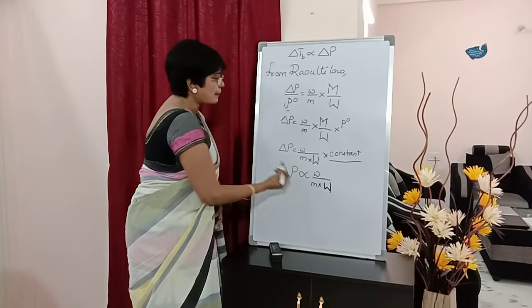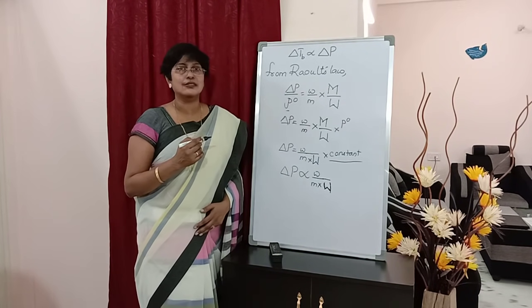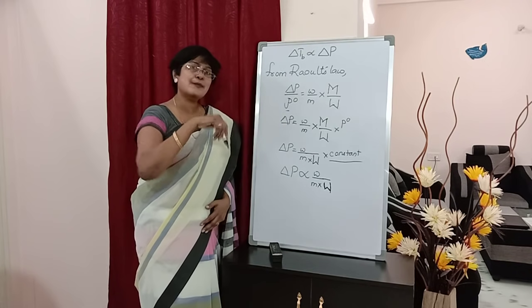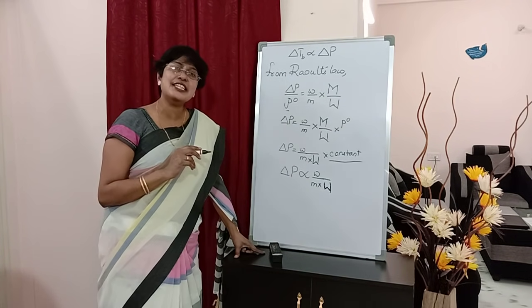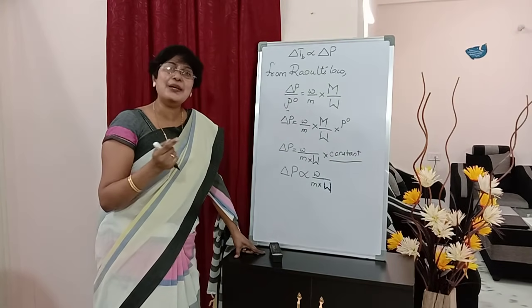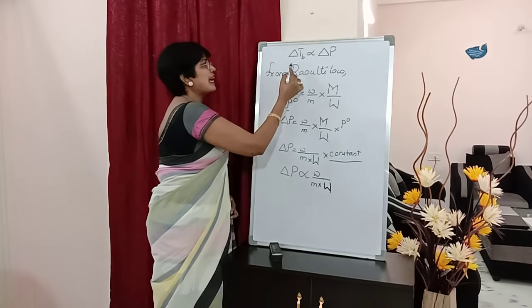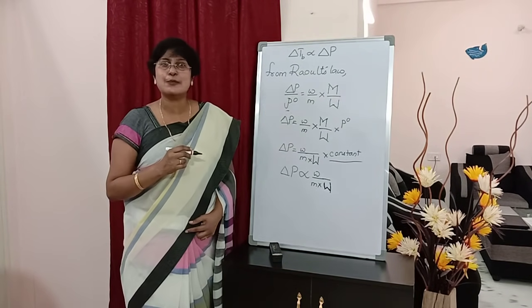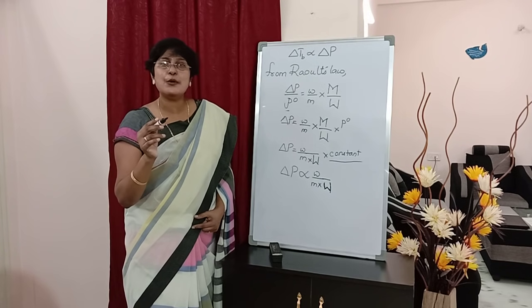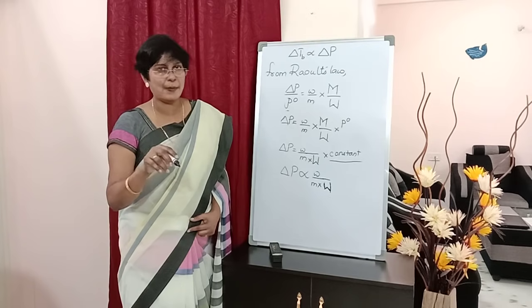So delta P proportional to small w by small m into capital W. But delta P is proportional to what? From the derivation, what did we get? Look at the first step. Delta TB proportional to delta P. So from the graph we could reach this expression, students. Elevation in boiling point is directly proportional to lowering of vapor pressure.